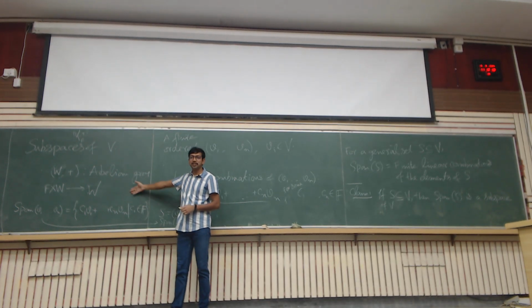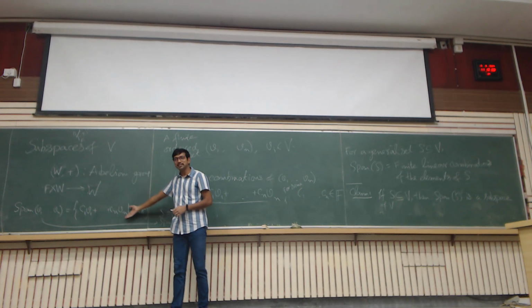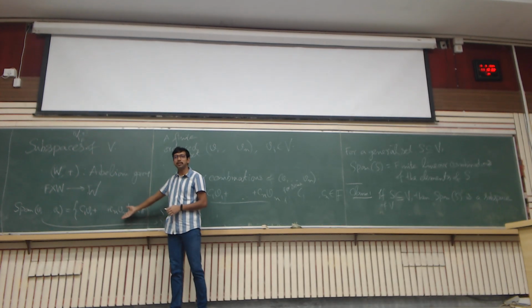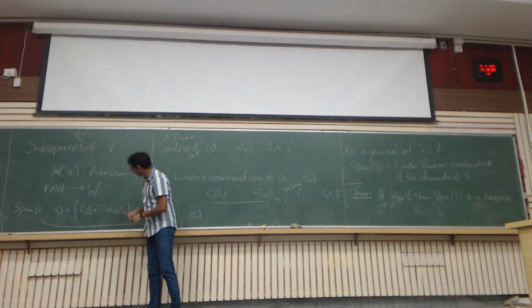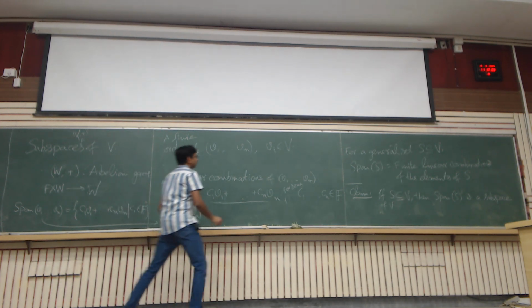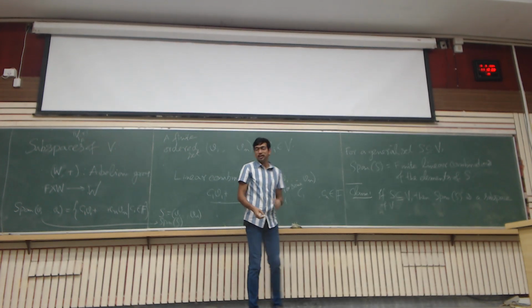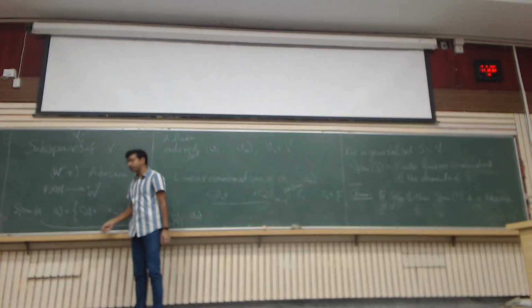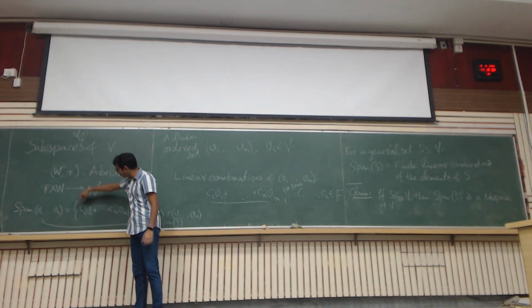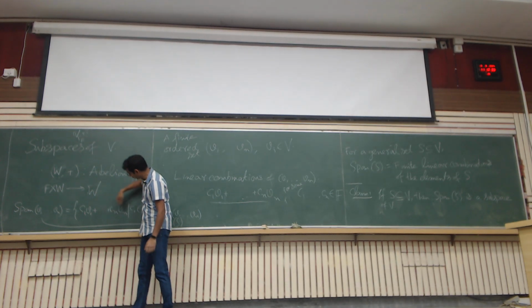Now, this one is kind of trivial, right? You are taking such an element, multiplying it with some element of F. Take an element a of F, multiply this whole thing with a.